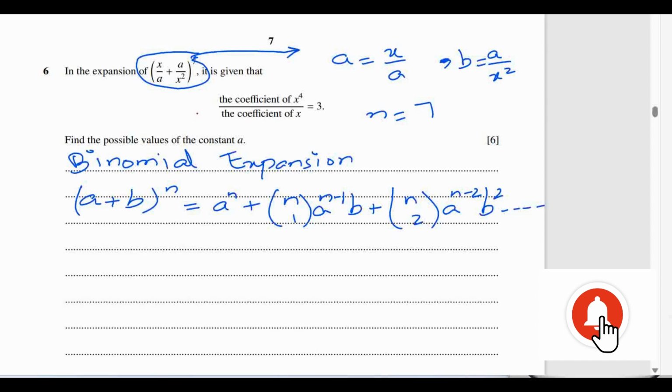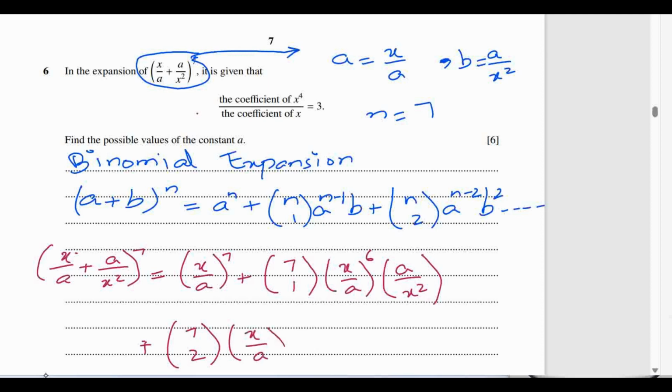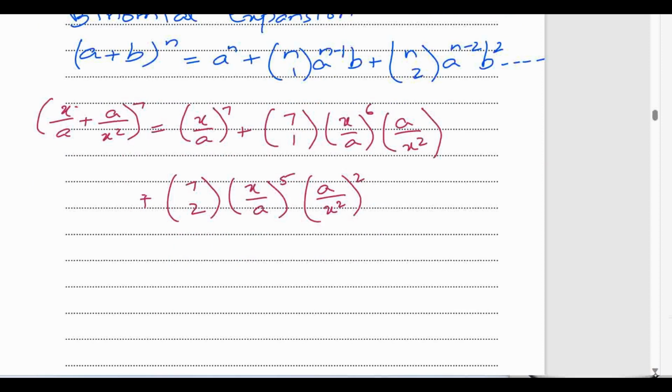Now from here we can say that (x/a + a/x^2)^7 will be equal to (x/a)^7, plus 7C1 (x/a)^(7-1), which is 6, then a by x squared, plus 7C2 (x/a)^(7-2), which is 5, then (a/x^2)^2.